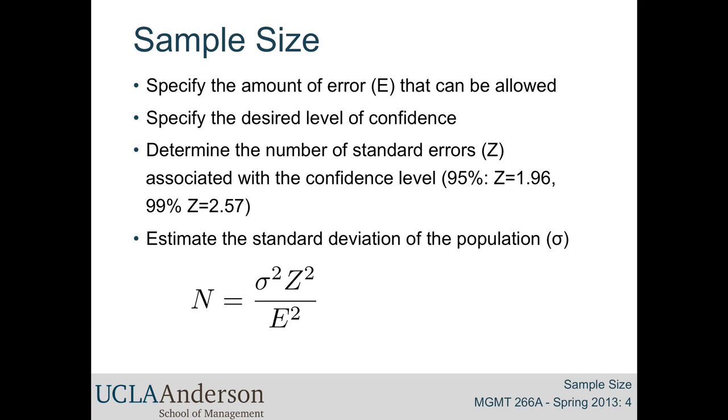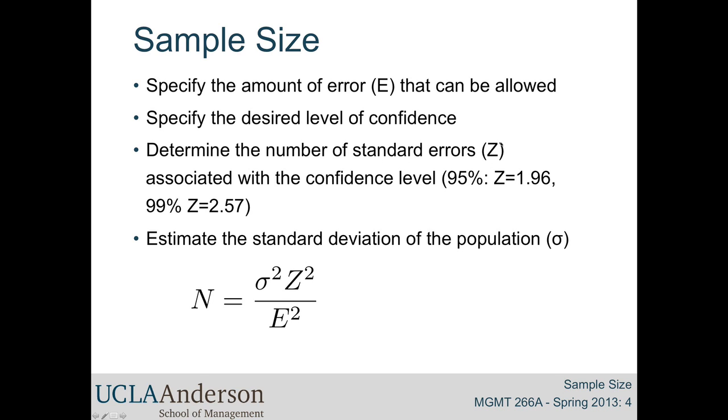For example, sample size calculations start by specifying the margin of error that can be allowed. So plus or minus how much are you willing to allow? Then specify the desired level of confidence, which is typically 95%. The desired level of confidence will determine the number of standard errors associated with the confidence interval.